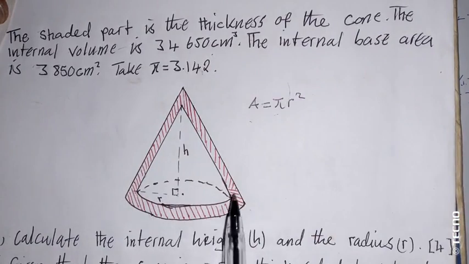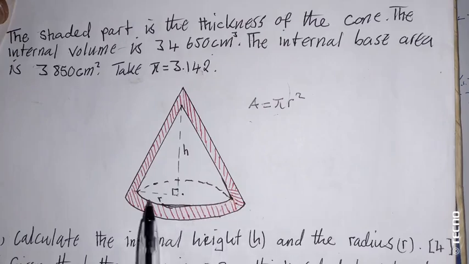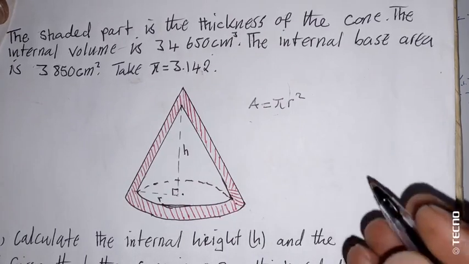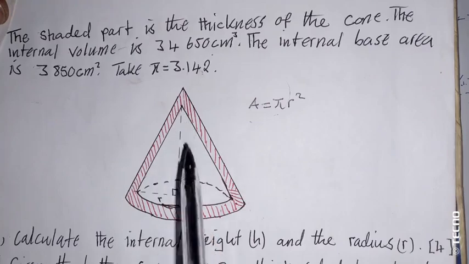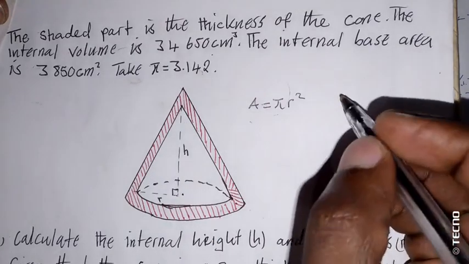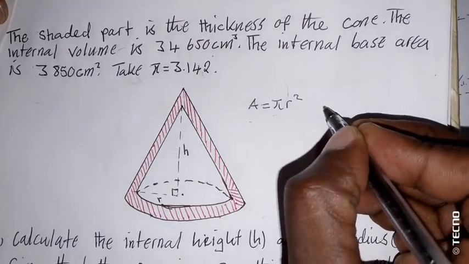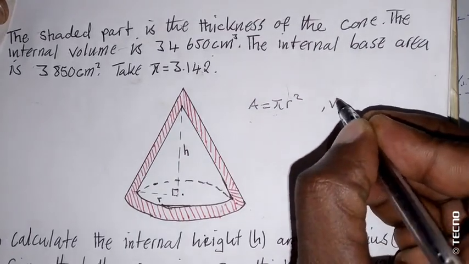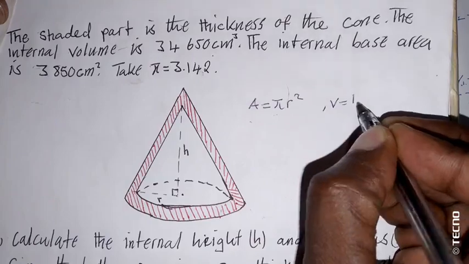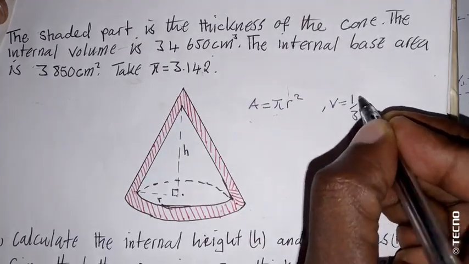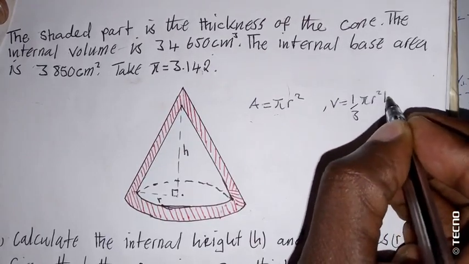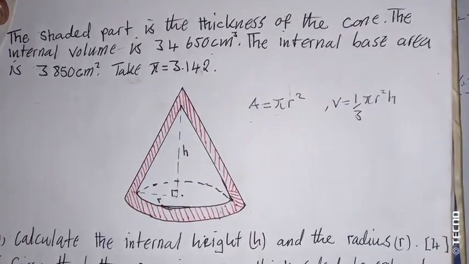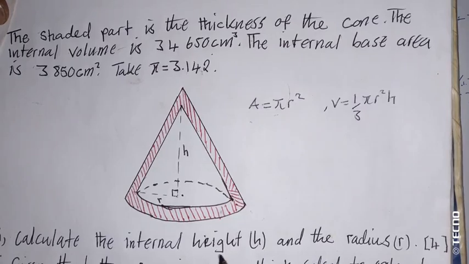Then the volume of the internal cone, V is equal to 1/3 pi r squared h. So now we have these two equations.